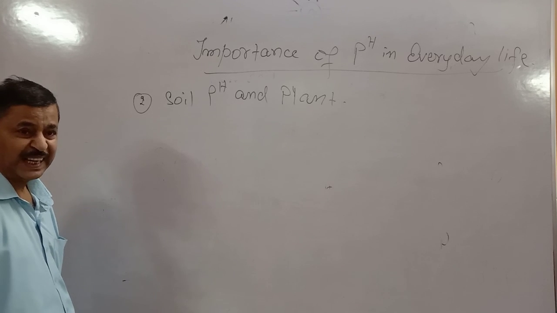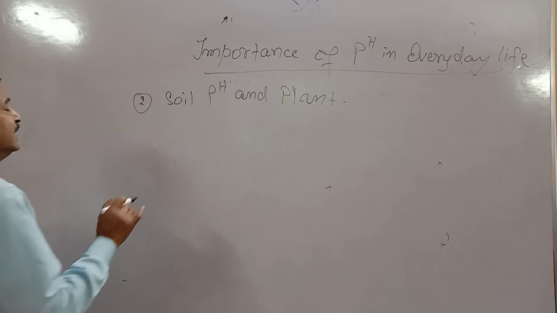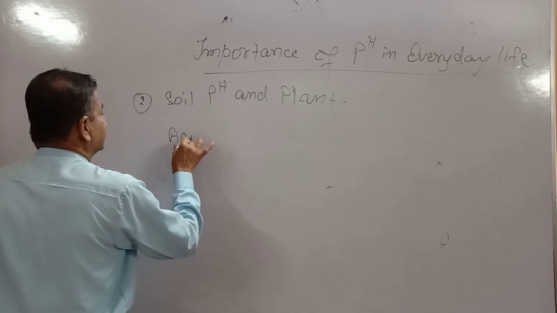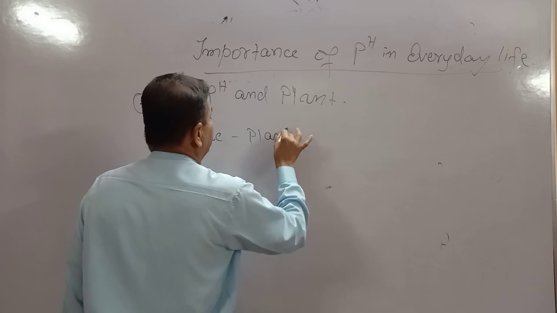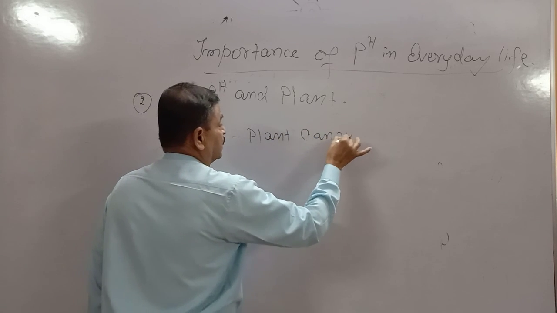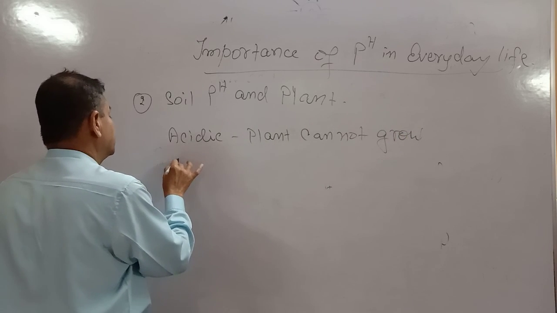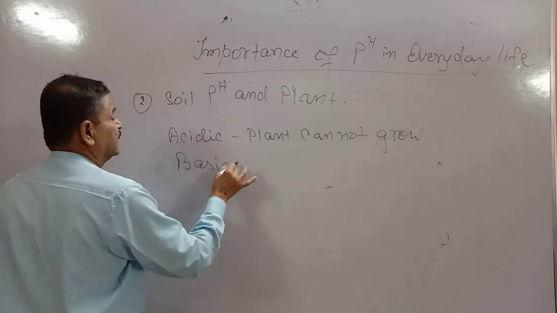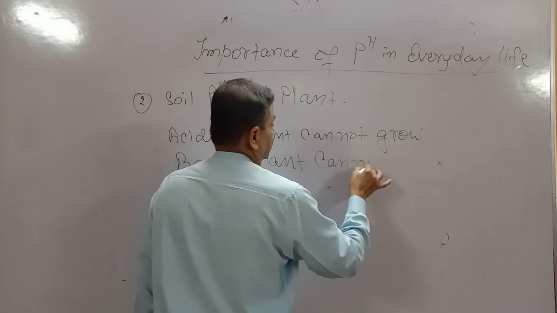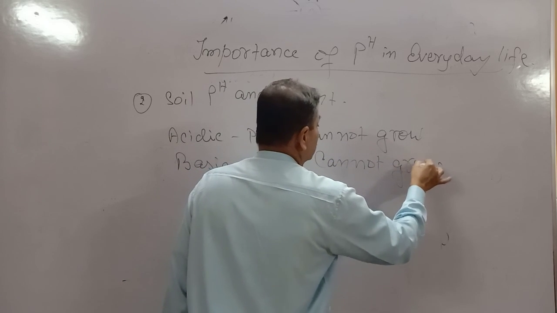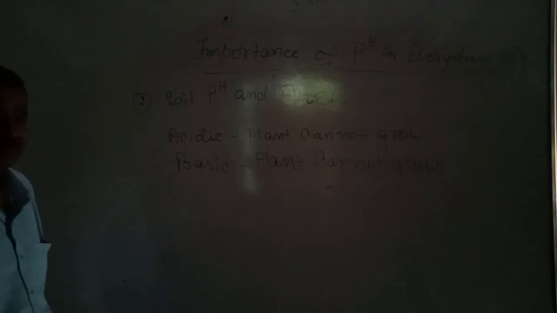If the soil is acidic, then the plant cannot grow. If the soil becomes basic, the plant cannot grow. It means the growth of the plant always depends upon the nature of the pH of the soil.